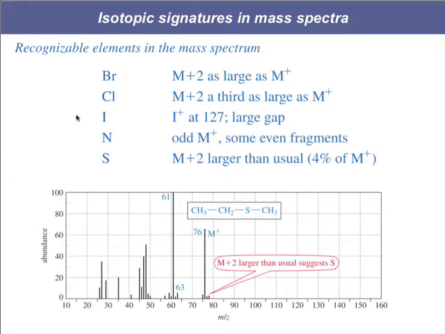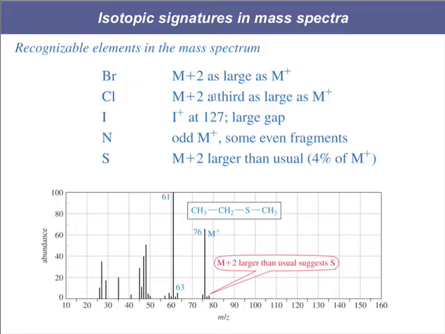We can look for parent peaks or otherwise paired peaks that have a molecular weight 2 higher at equal abundance. So if our M+2 is as large as our M+, that means that we've got a bromine. I'll show you an example in a minute.